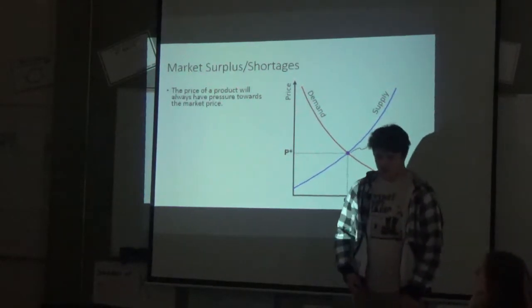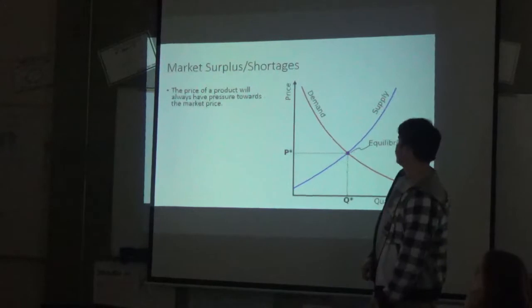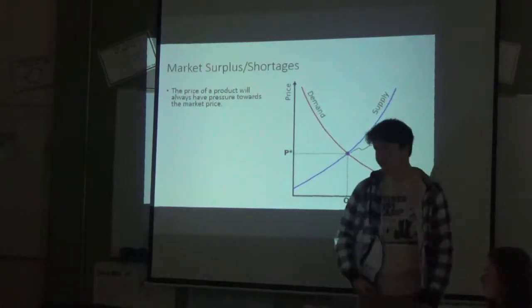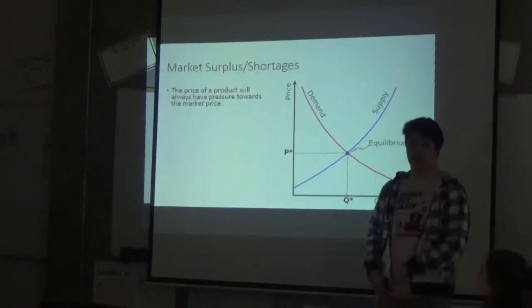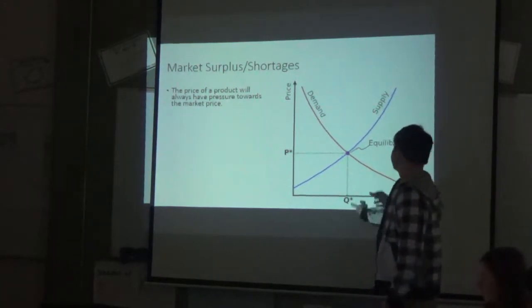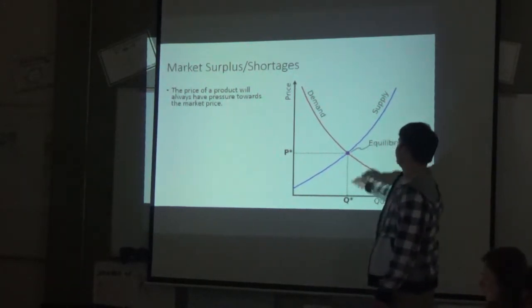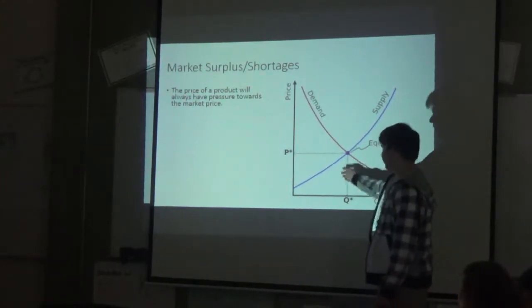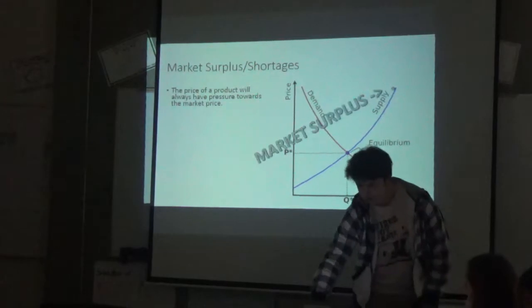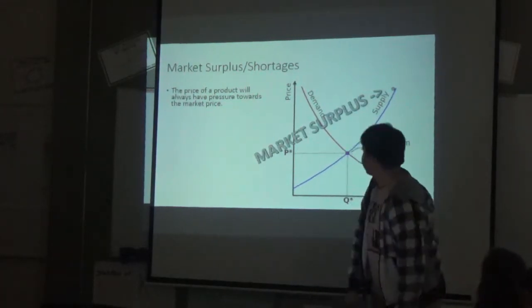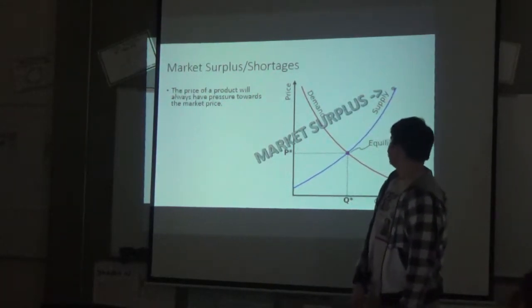Also, if there is a shortage of a product and there's not enough supply but the demand is very high, there will be a pressure to have more supply. So the supply curve moves to bring the price to the market price.